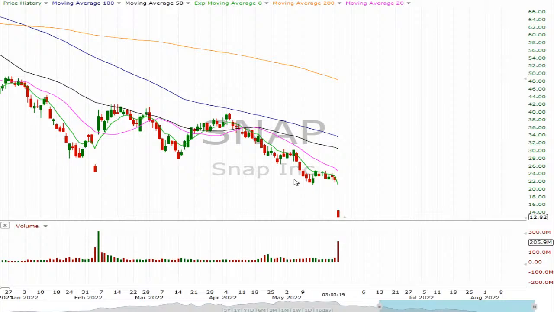So if the stock keeps dropping, yes, you could realize more premium for the spread, but at the end of the day, you can't make more than three because that's how wide the spread is. So if Snap dropped another 5 points, the most you could make is what the spread was.